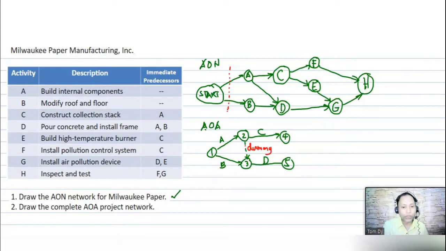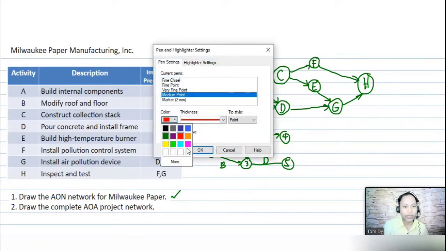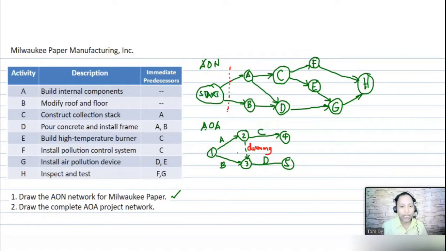We need not draw it from 2 to 5, because that would mean connecting to the next activity. Instead, this dummy activity will be connected to point 3, because these are activities done before you start activity D. So that is your A and B.